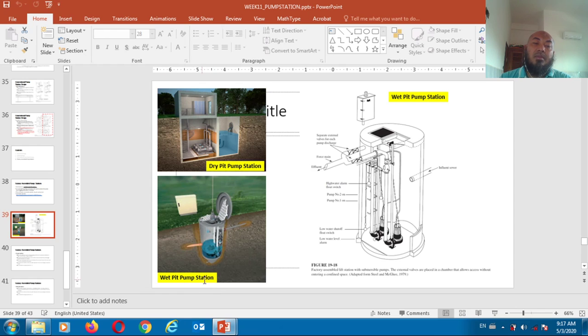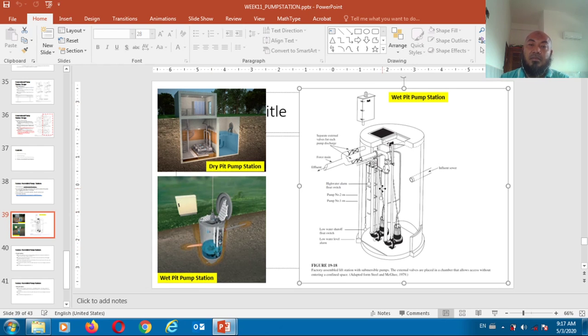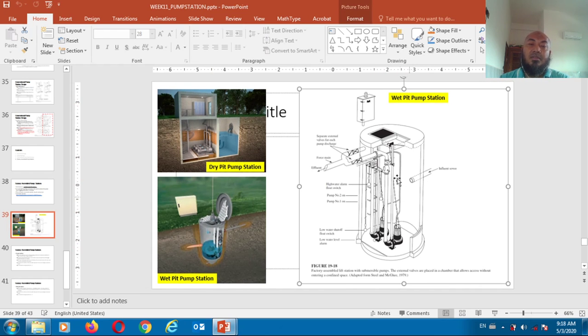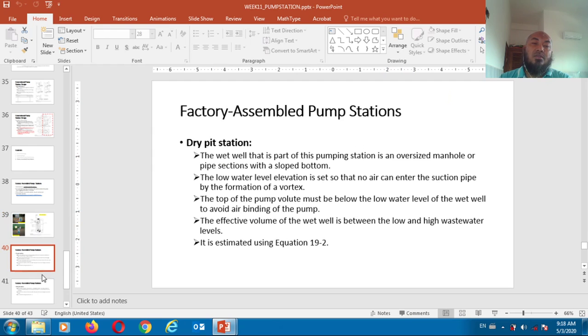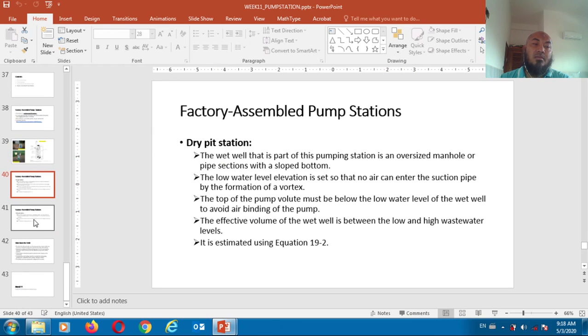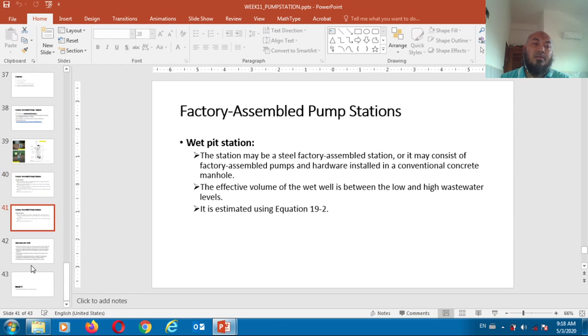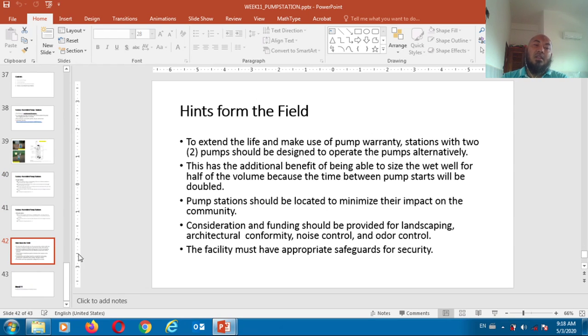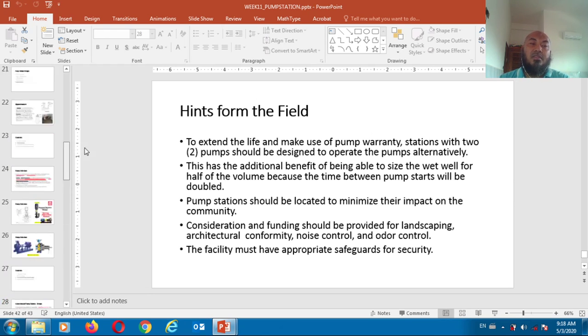The wet pit station is like one well with a submersible pump inside. This is the magnified picture. You can choose which system is convenient for the company or for yourself during the design stage.